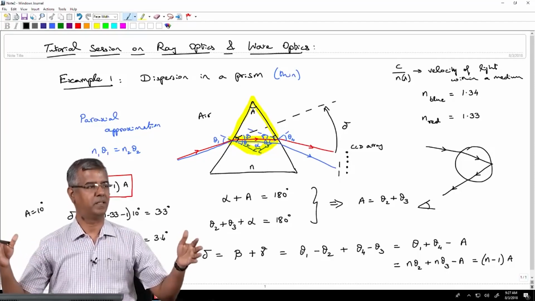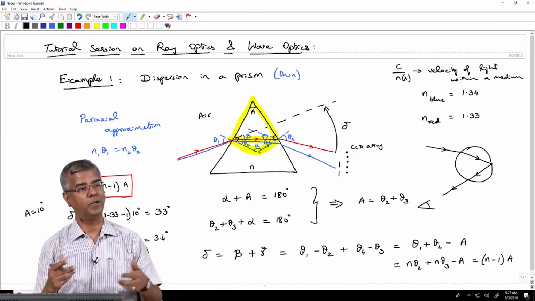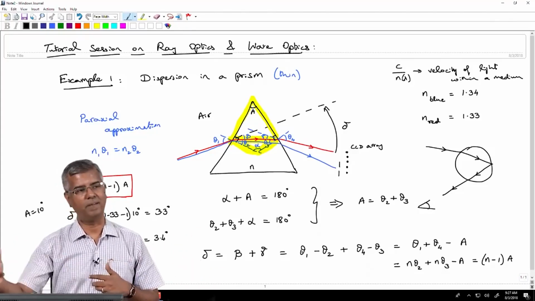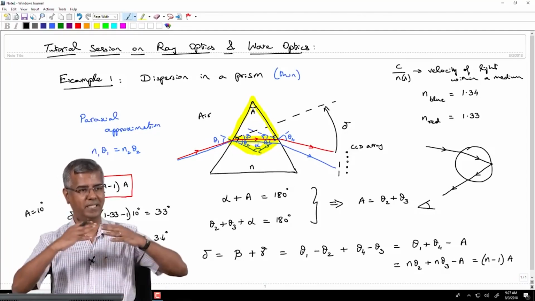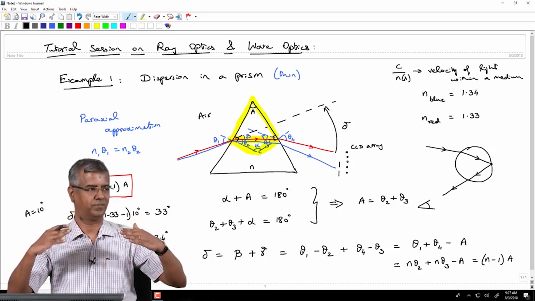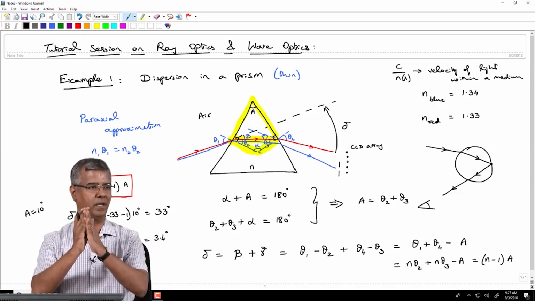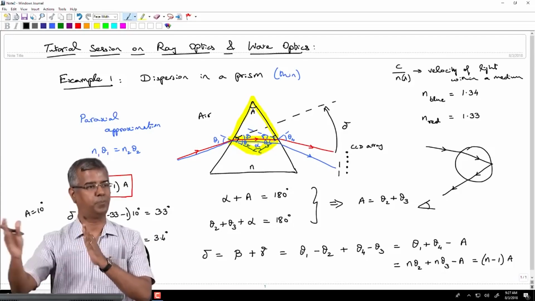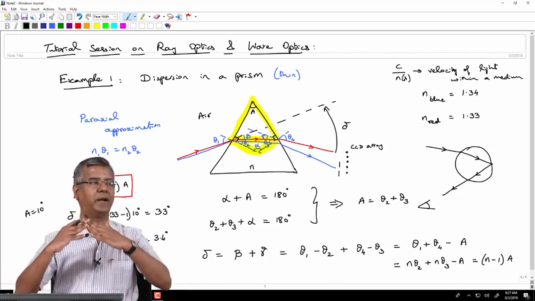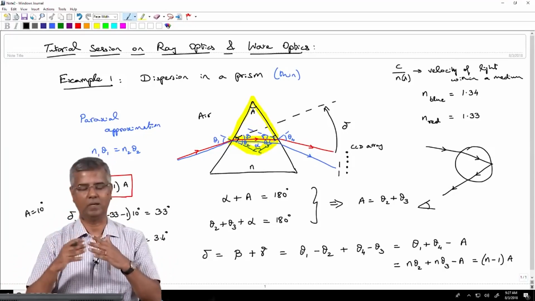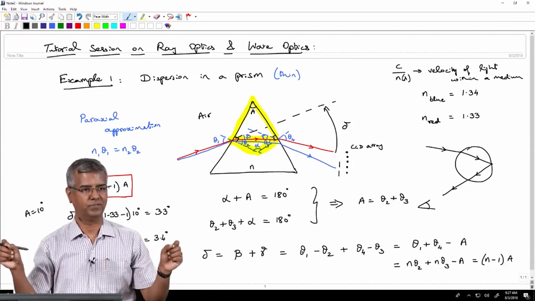It represents a spread in frequency, or spread in wavelengths. So, different wavelengths are now traveling at different speeds, so your pulse essentially gets spread out. You started with a very narrow pulse, but because of the response of the medium, you are starting to have a spread, just because all these different colors spread out.